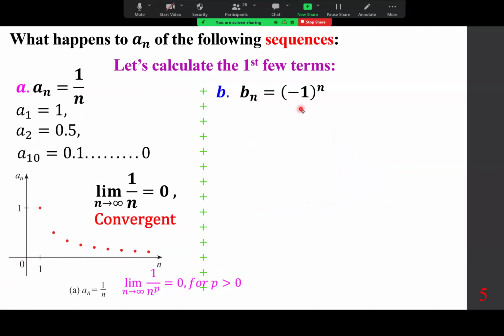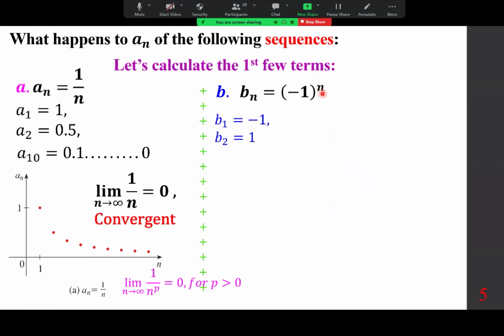For this one, in order to see what happens, let's plug in 1. If I plug in 1, negative 1 to the power of 1 is negative 1. If I put 2, negative 1 squared is positive 1. If I put 3, I get negative 1. If I put 4, I get positive 1.